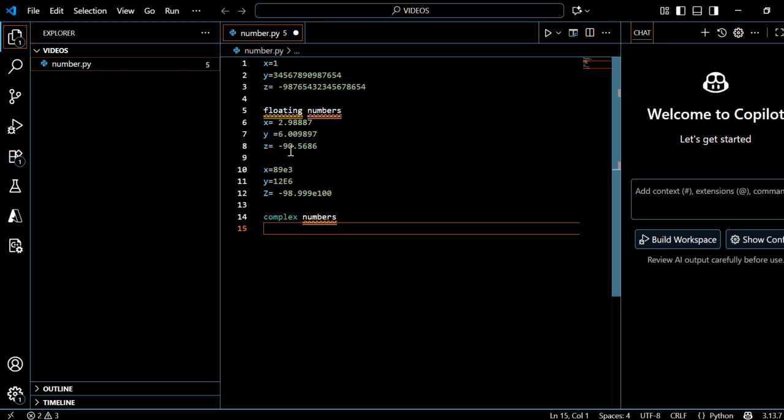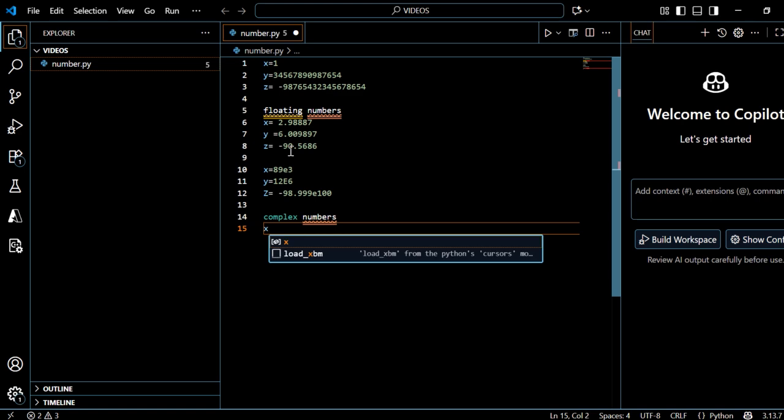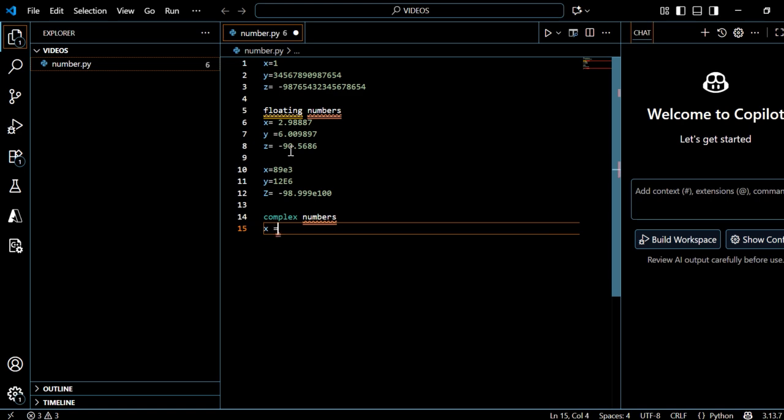For example, you can say x equals 2 plus 6j. In this case, j is the imaginary part of that particular number.